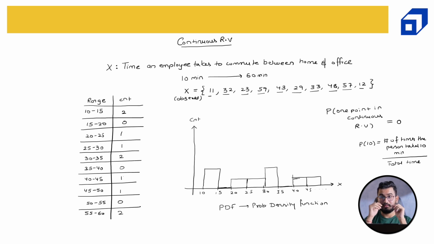I don't know. This can be infinity also, right? I don't know that. So the probability will end up becoming 0. So the probability of a point in a continuous random variable is 0. And the reason we call it a probability density function is because we are not talking about one point probability, we are talking about a range.